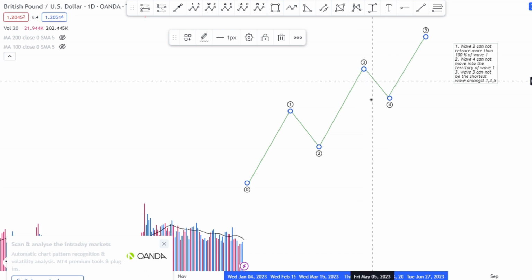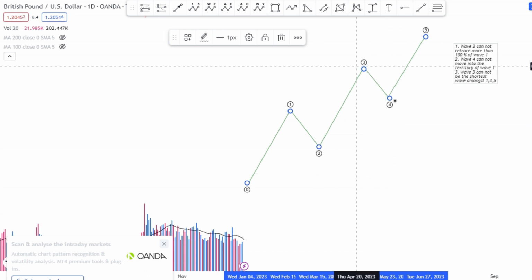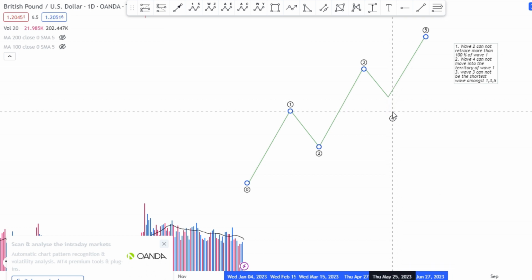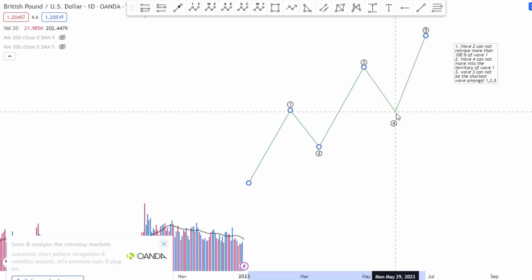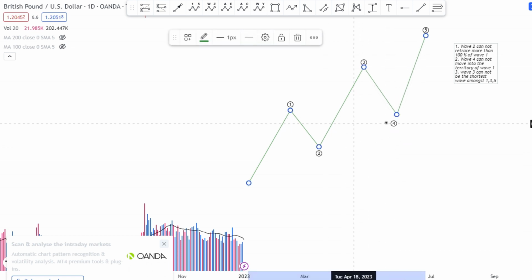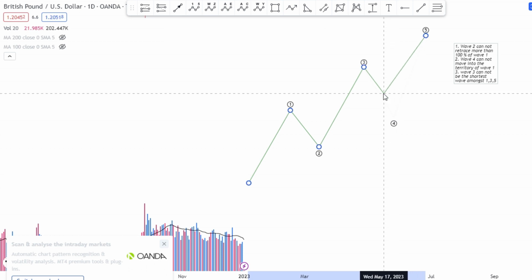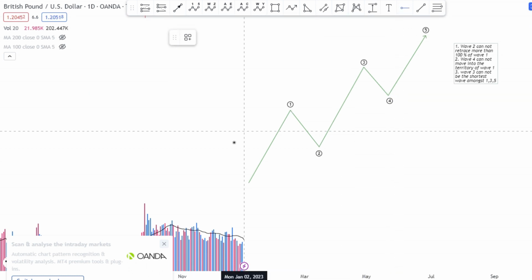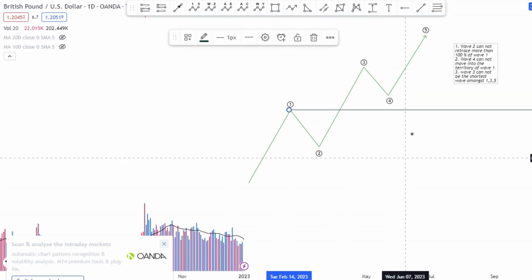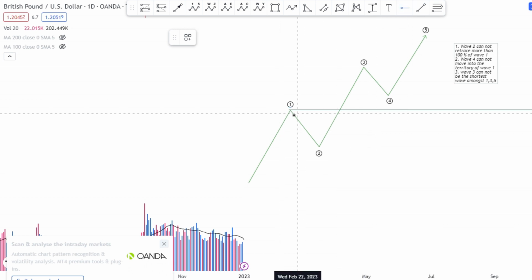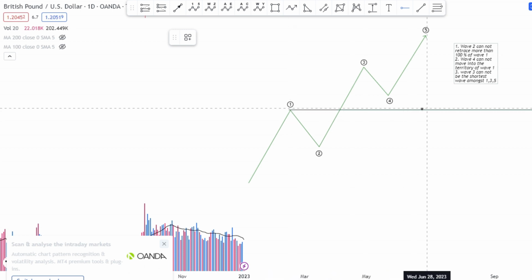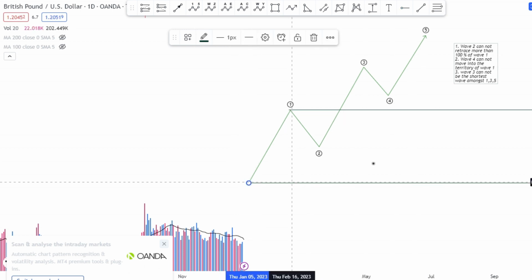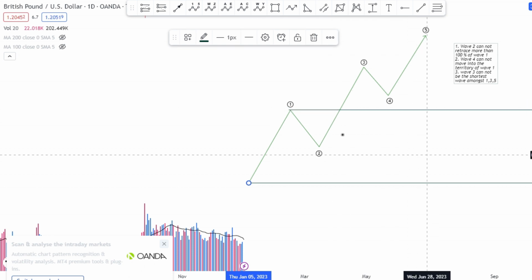Again, if wave 4 retraces up to this point, then we also consider this wave invalid. Why? Because this area is the territory of wave 1. From here up to here we are seeing the territory of wave 1.